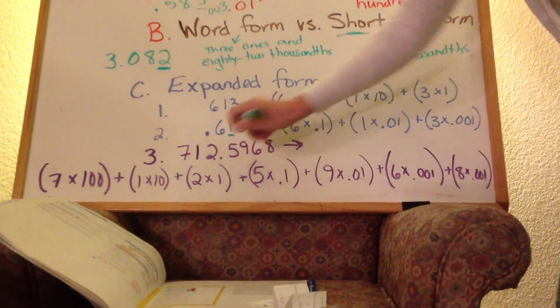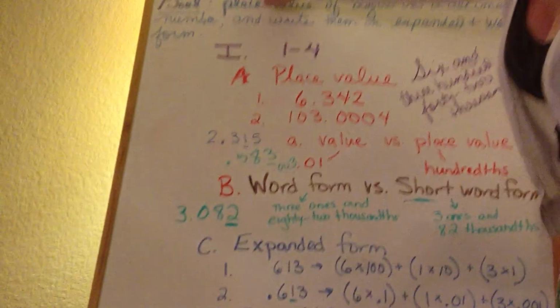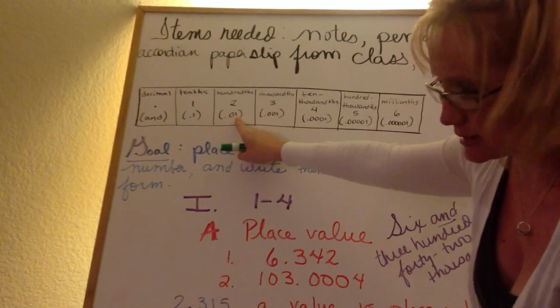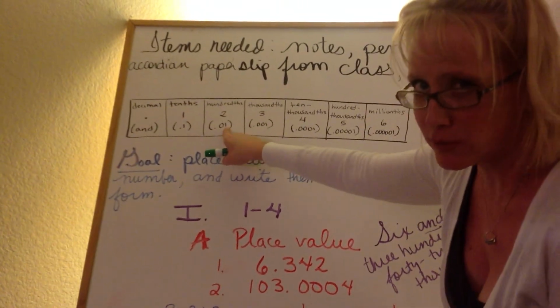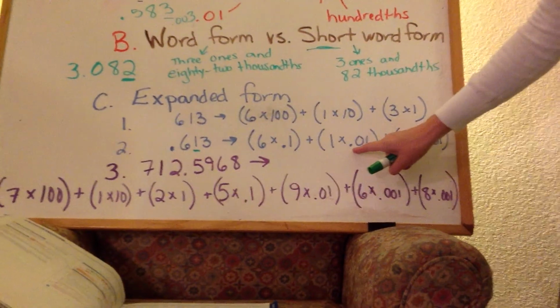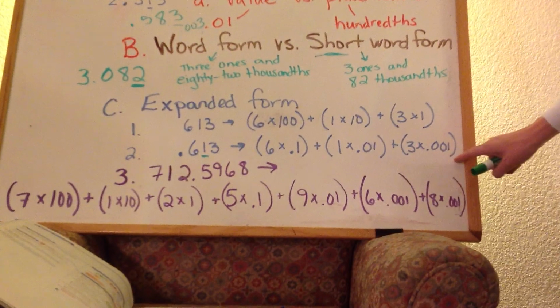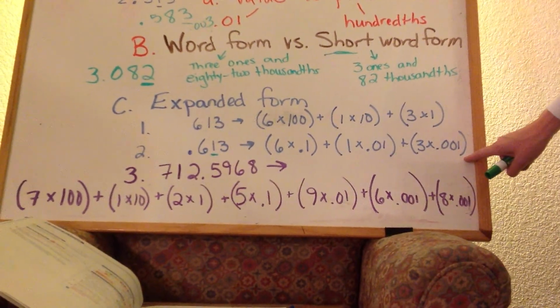Our second digit past the decimal, when you look at your chart again, is 0.01, hundredths. I hope you're not getting seasick with all the movement here. And going back down. So it's 1 times 0.01. And then 3 times 0.001, or thousandths.